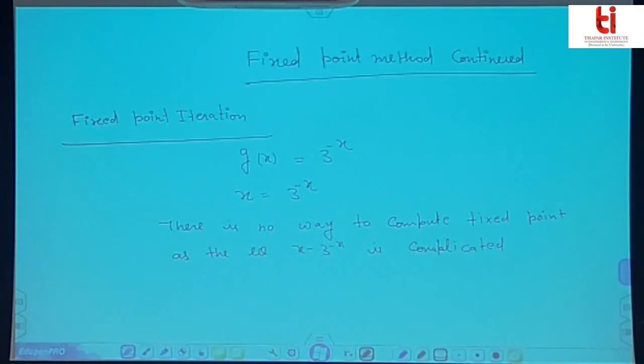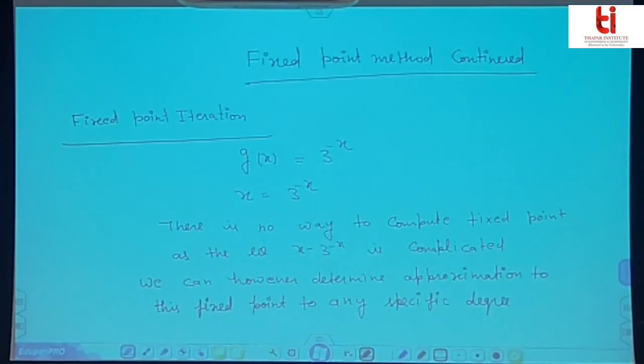However, we can determine an approximation to this fixed point to any specific degree of accuracy.